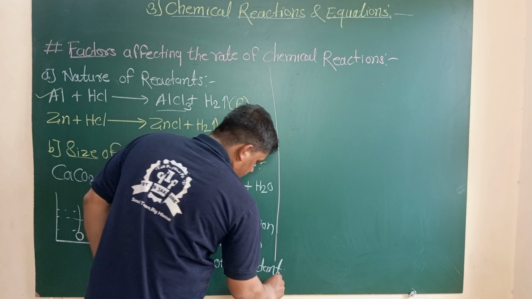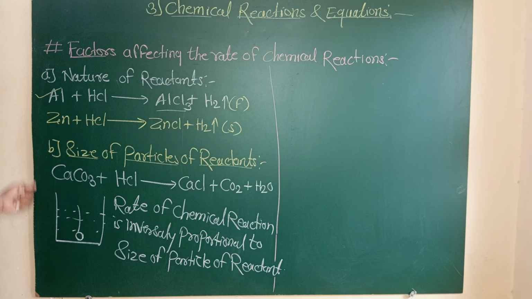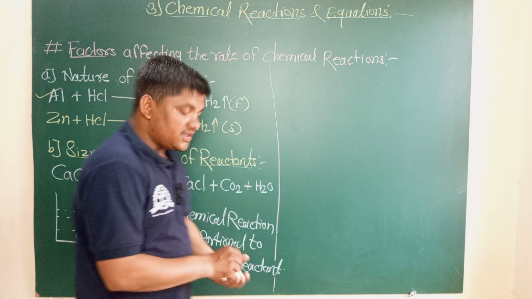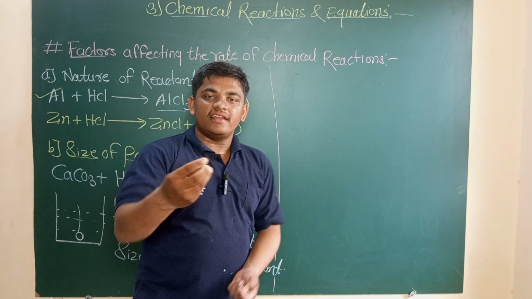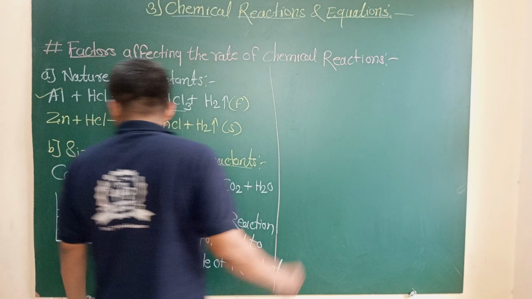That means the particle size of the reactants affects the rate of chemical reaction. If the size of particle is larger, the rate of chemical reaction is slow, or less.